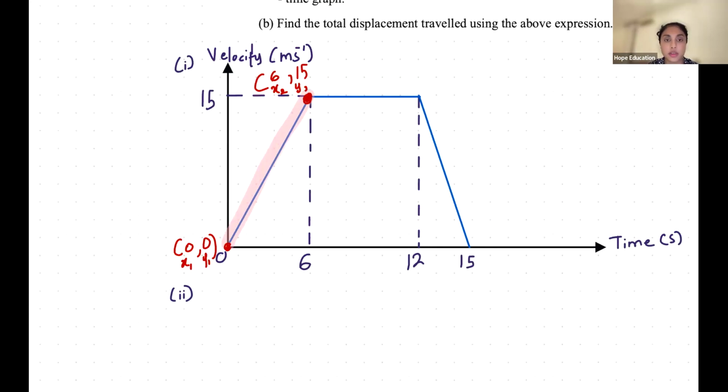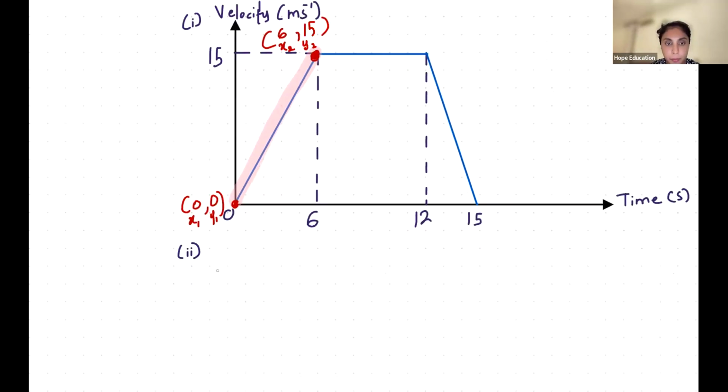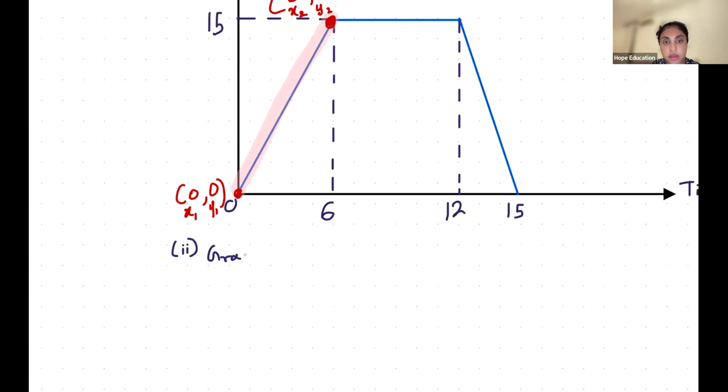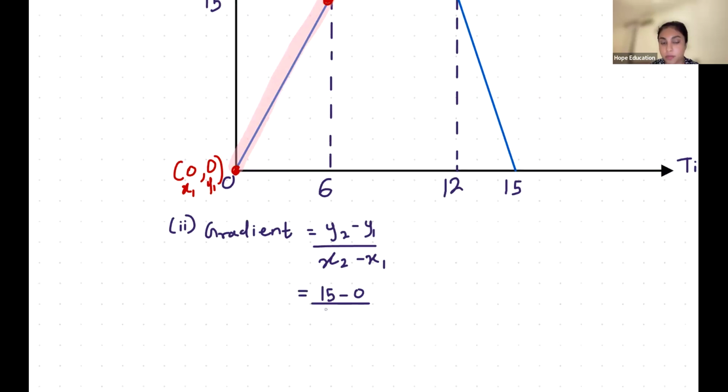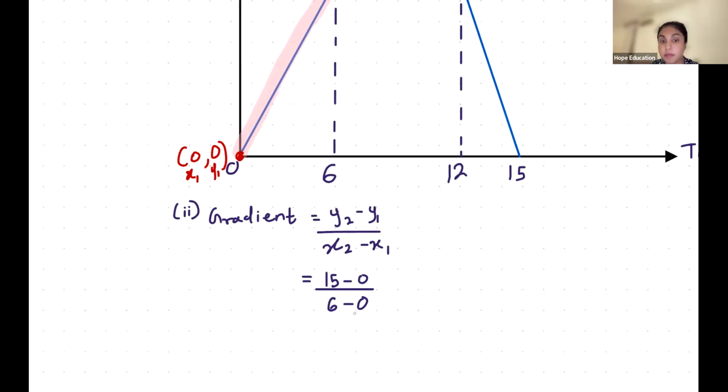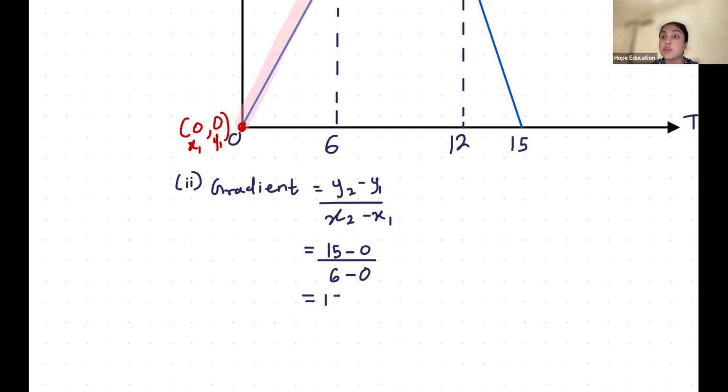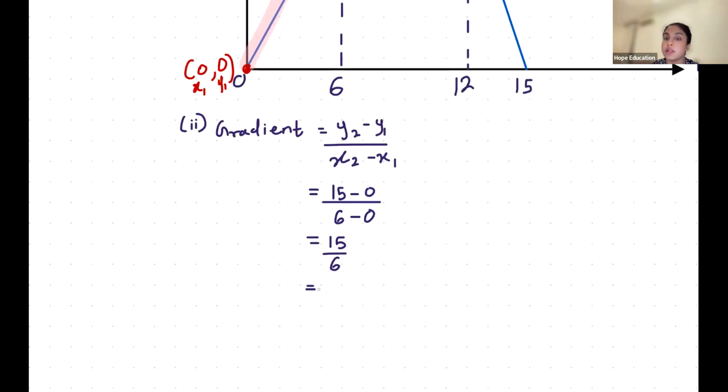Now we will calculate the gradient. Gradient equals y2 minus y1 divided by x2 minus x1. y2 is 15, y1 is 0, x2 is 6, x1 is 0. So 15 divided by 6. 6 times 2 is 12, 3 remaining.